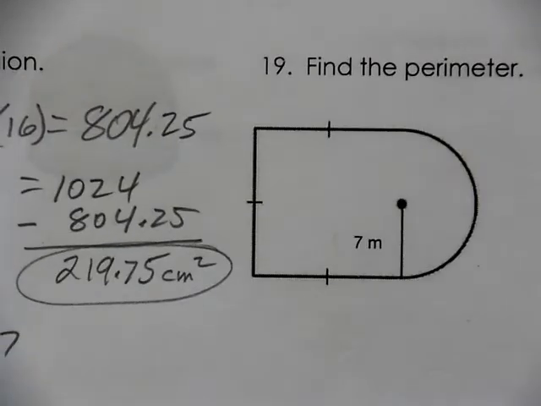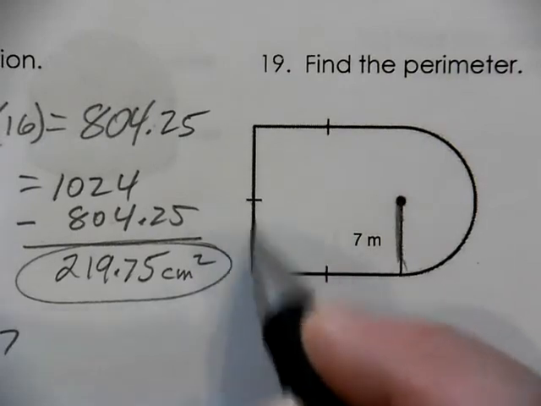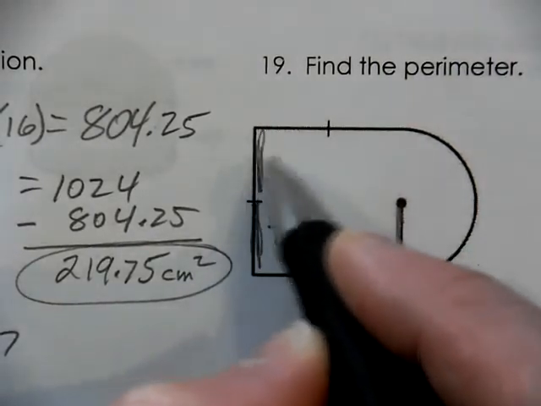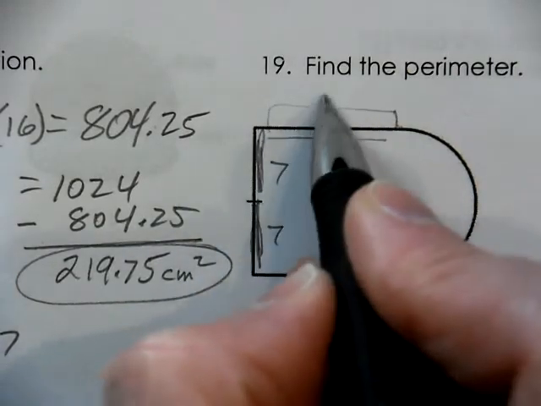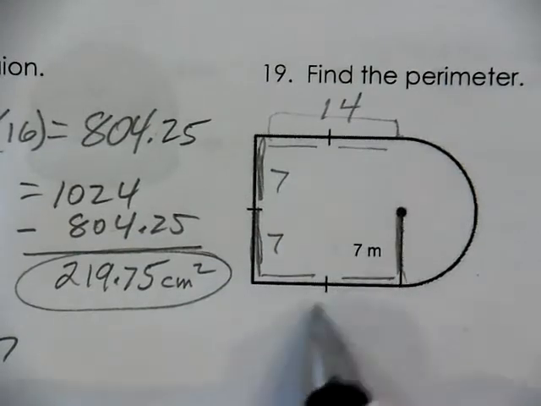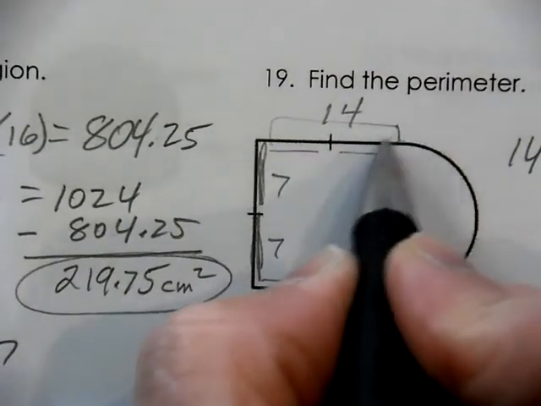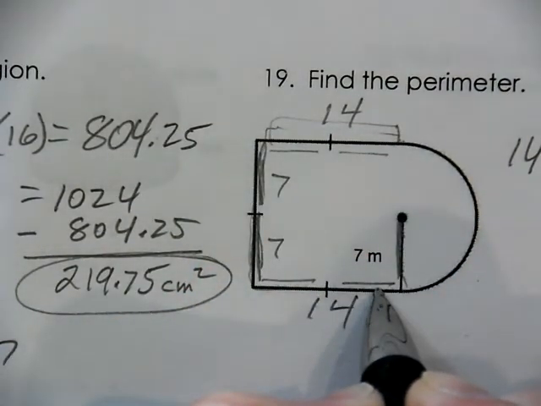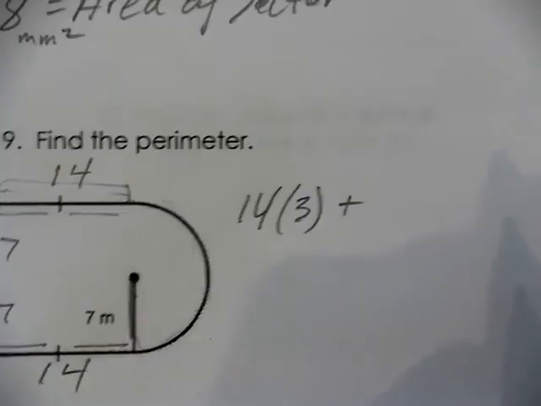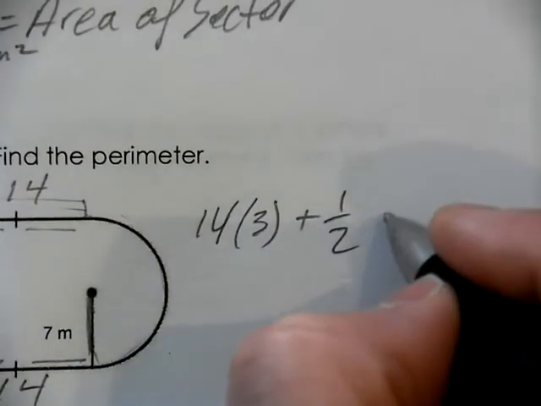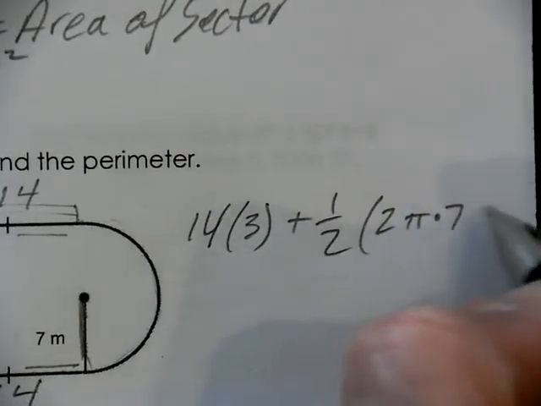Here we're looking at the perimeter. We want to know the distance around the whole piece. So if this is 7, that makes this 7, which makes this 7, which this portion is also supposed to be 7 and 7, and 7 and 7. So we have 14 times 3, 14, 14, and 14. Then we need half the circumference, plus we're going to do half of 2 pi times 7.